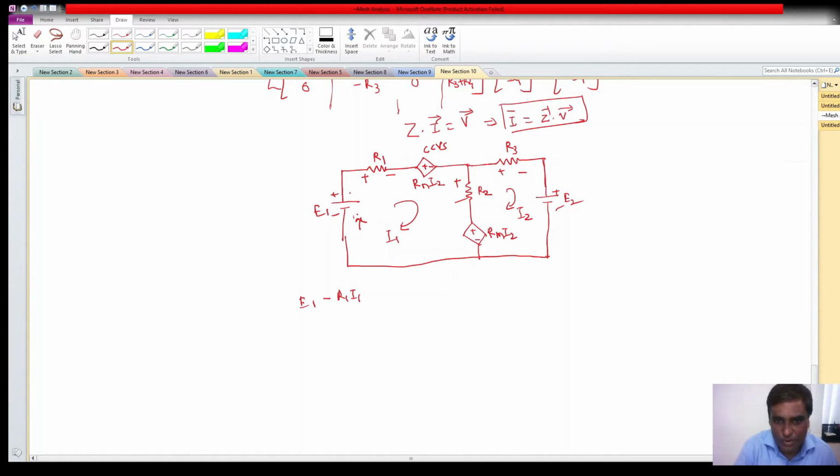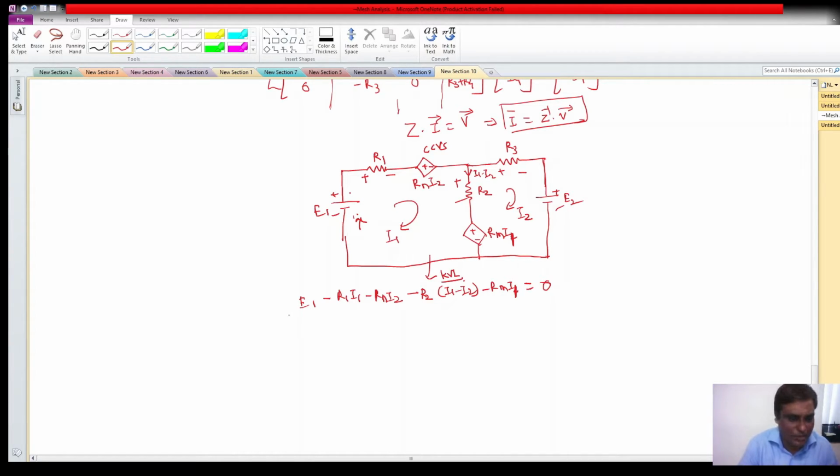Going from plus to minus there is a drop, so minus Rn I2, then again a drop, so minus R2 into I1 minus I2, and again a drop, so minus Rm into I1. I'm sorry, this is I1, not I2. This is equal to 0 as we are applying KVL here.